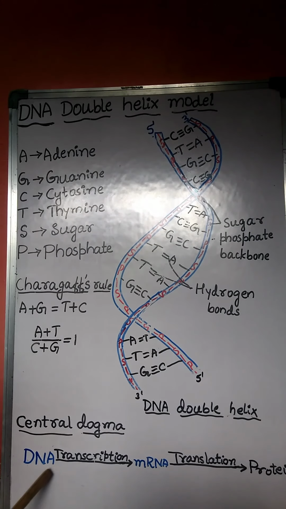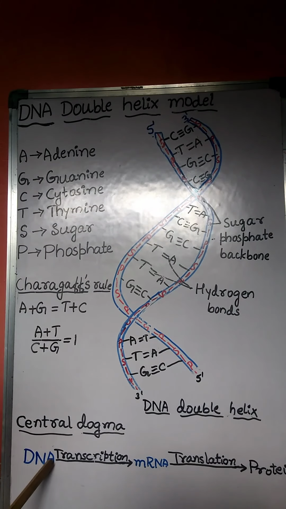DNA produces copies by the replication process. Then DNA produces mRNA by the process called transcription. Then mRNA produces protein by the process called translation. mRNA is a type of RNA.